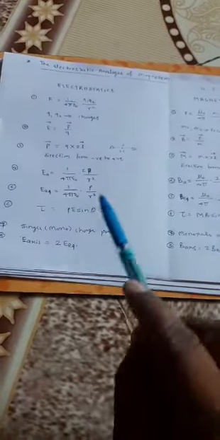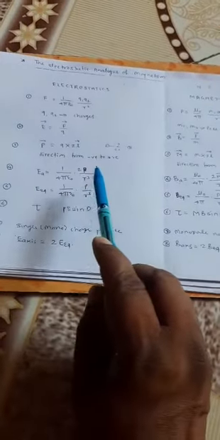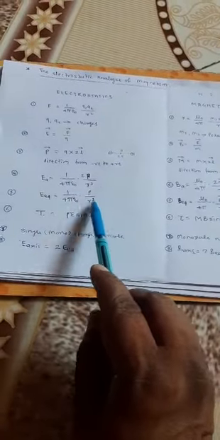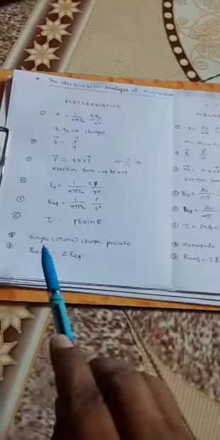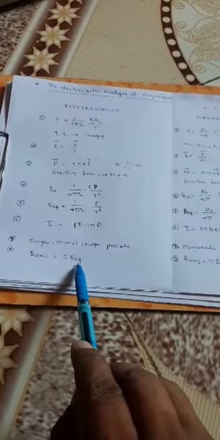Again, we know the relation between EA and EQ. From these two equations, we can write the relation: E axis, that is EA, is equal to 2 EQ.